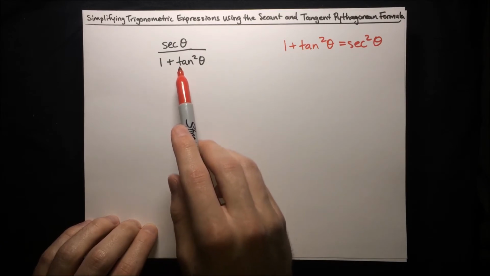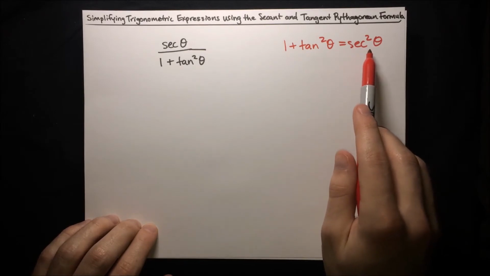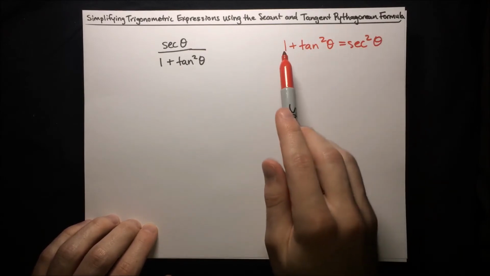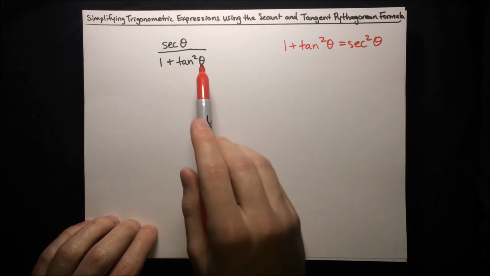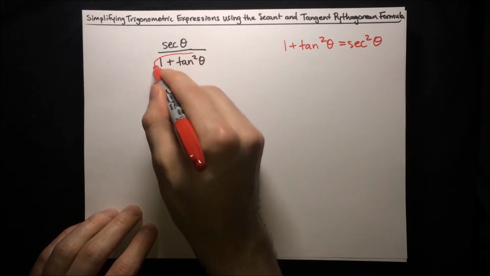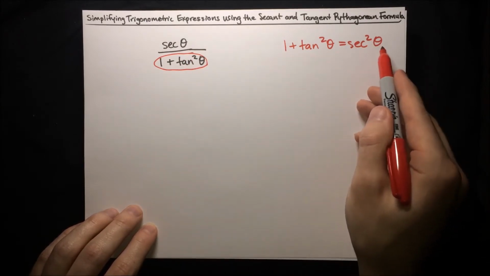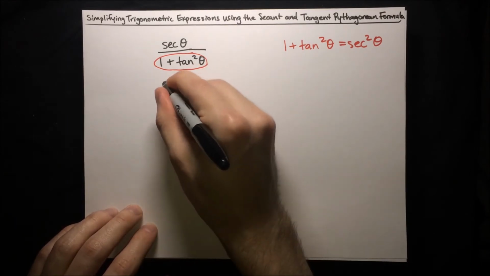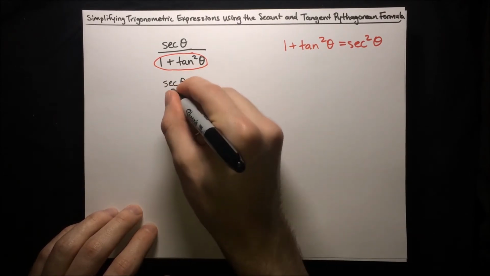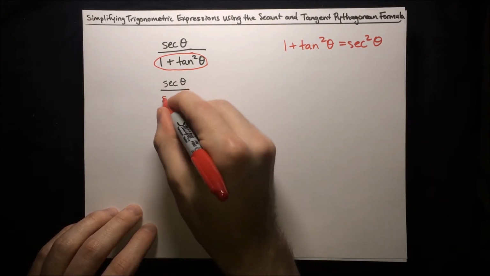The secant and tangent Pythagorean formula tells us that 1 plus tan squared theta equals secant squared theta, and here in our denominator, that's exactly 1 plus tangent squared theta. So we can substitute secant squared in for that denominator. So we've got secant theta divided by secant squared theta.